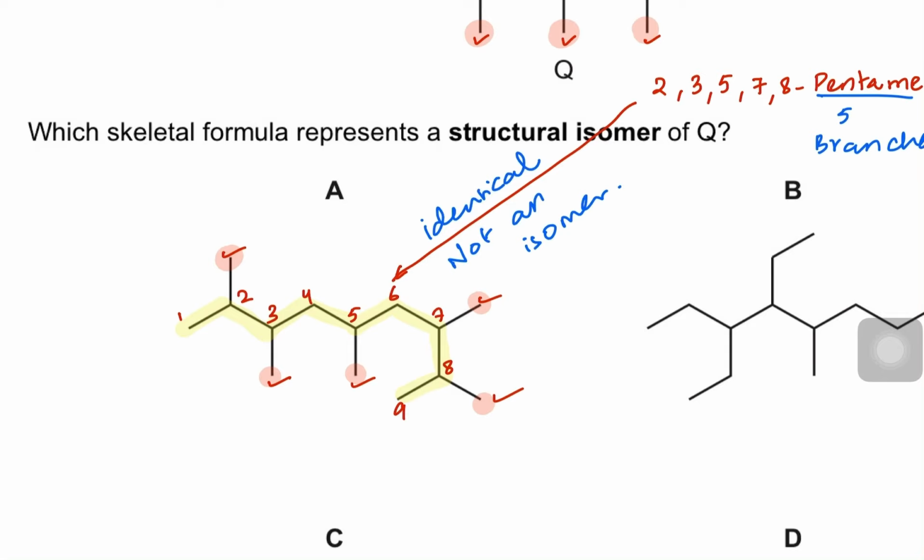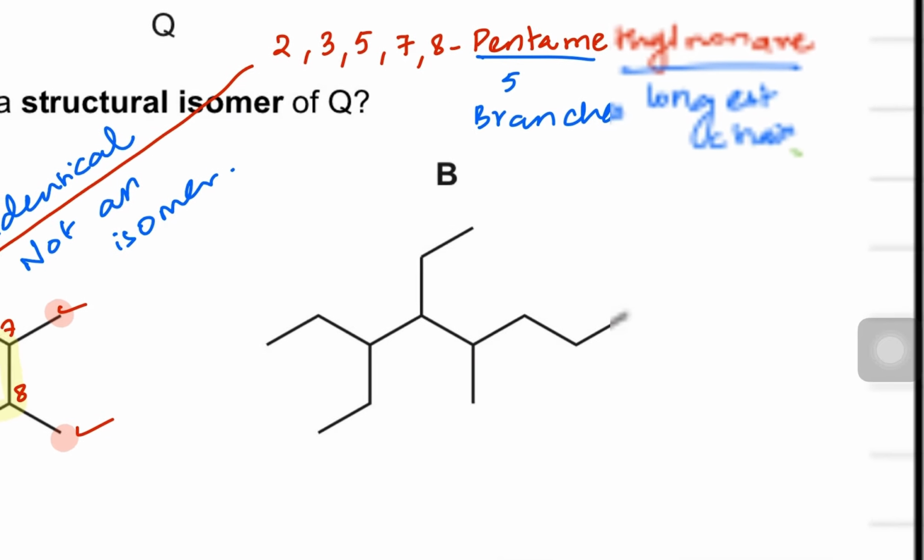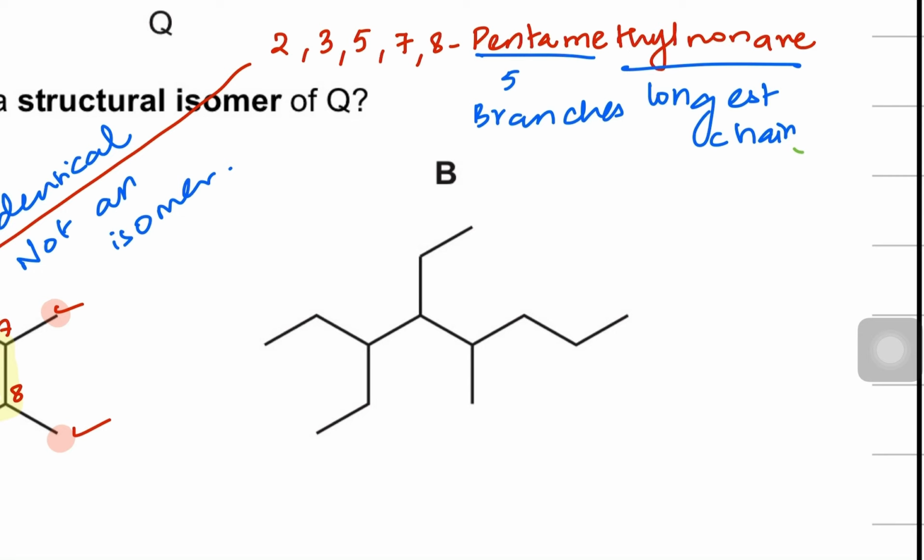Now let's go for structure B. In structure B, the longest chain starts from the left, and the only possibility is the continuation that you can see here. Now, these are two branches, 1, 2, and the third one. The two branches are ethyls because they are double carbon branches.